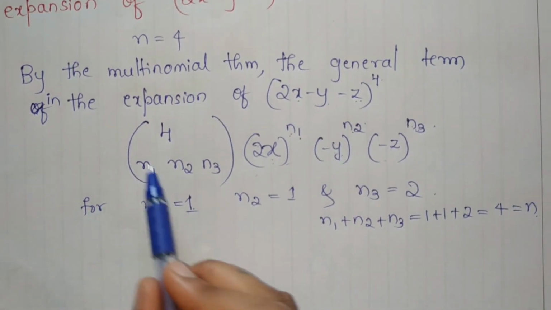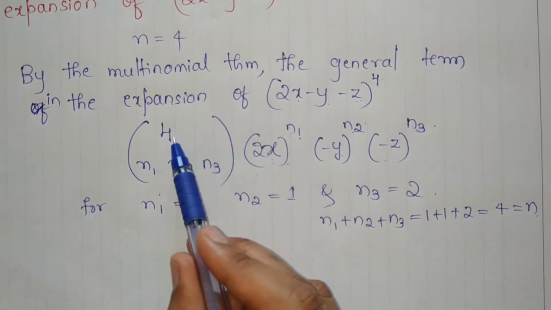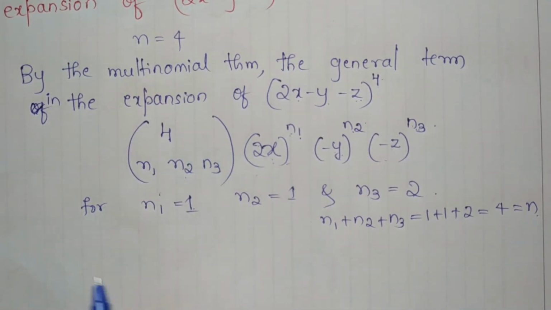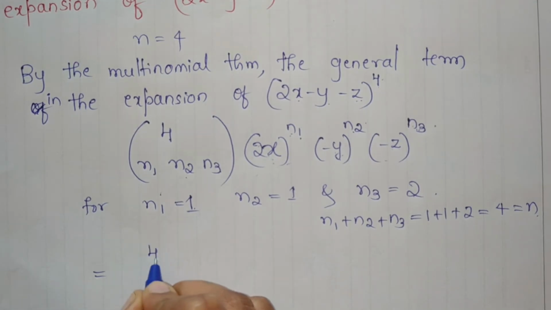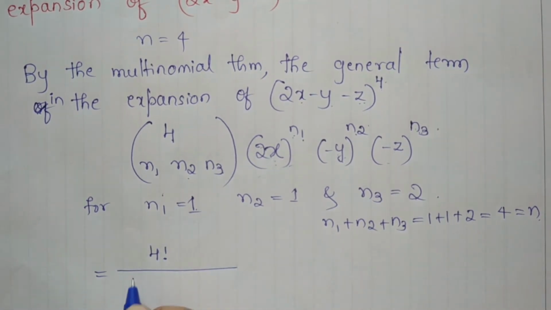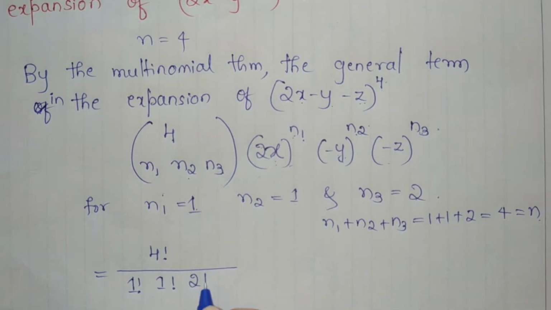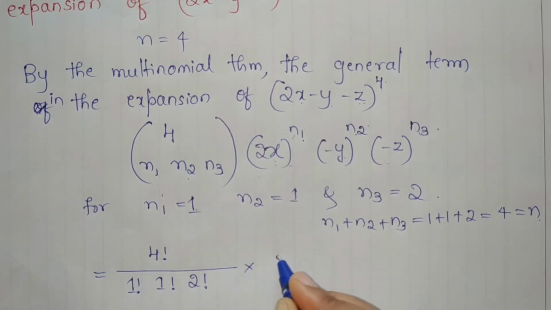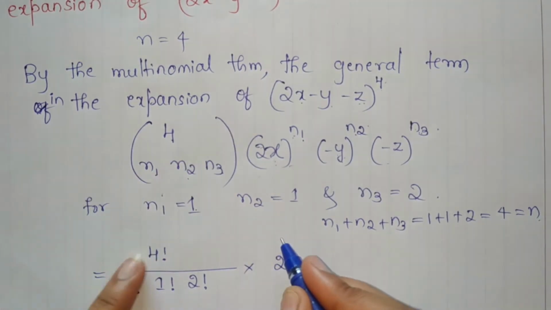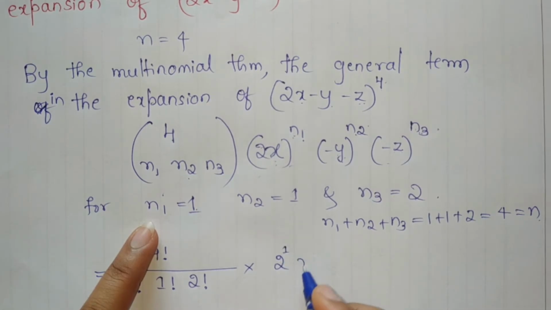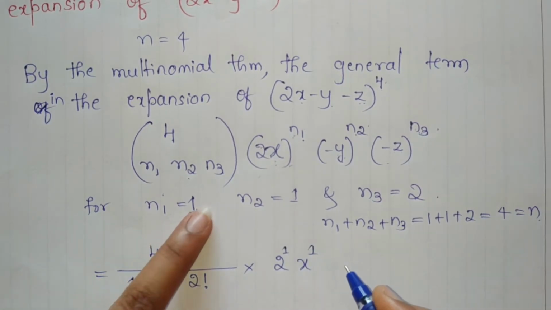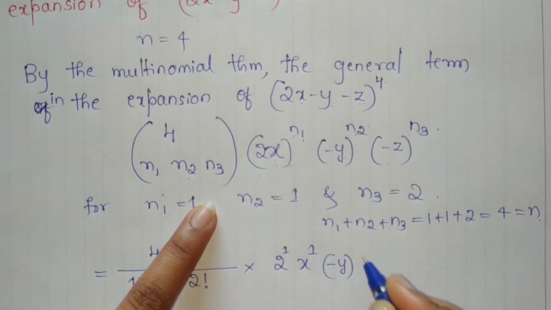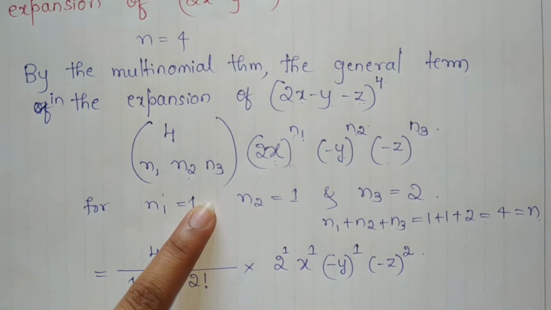So now evaluate this, that is 4 choose n1, n2, n3. So that is 4 factorial divided by 1 factorial into 1 factorial into 2 factorial, right? 2 raised to n1 is how much? 1. Into x raised to 1, minus y raised to n2 is also 1, minus z raised to n3 is 2. Okay.